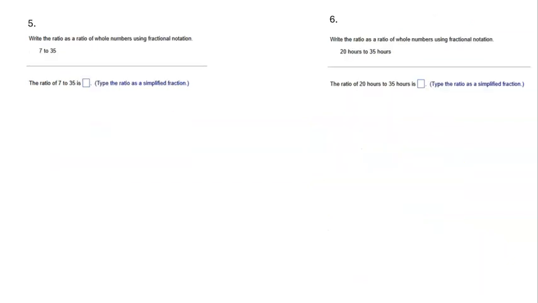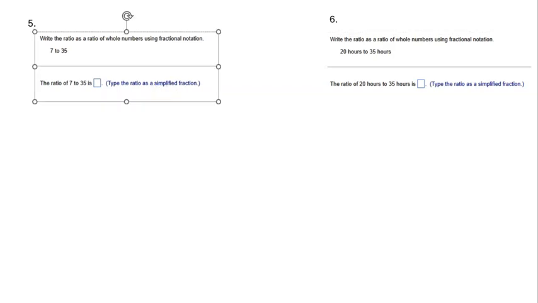All right, next problem. Write the ratio as a ratio of whole numbers using fractional notation, so 7 to 35. Notice it says type the ratio as a simplified fraction. So this time it does say to simplify. So if you're struggling with these problems, maybe more reading the directions, which again I'm notoriously bad at sometimes.